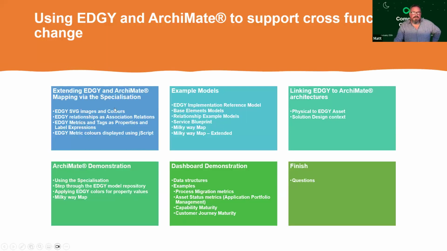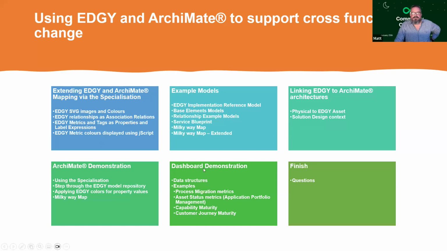Okay, so yep, I'm going to take you first of all progressively through how I developed the mapping, which is provided by the intersection group, the guys here on the call, and how I turned it into something that was a lot more understandable to me, and I could just concentrate on modeling in EDGY rather than worrying about the confusion between the ArchiMate element and what it should be in EDGY.